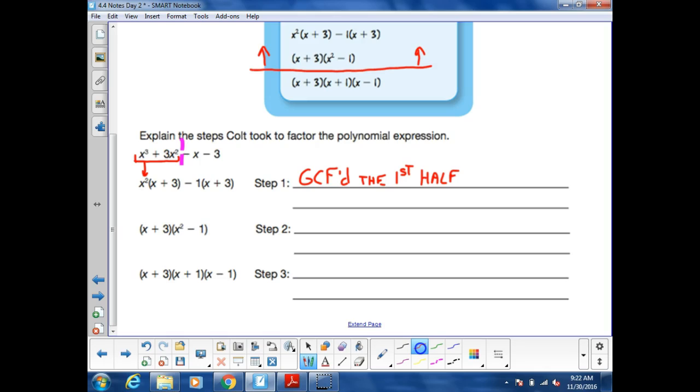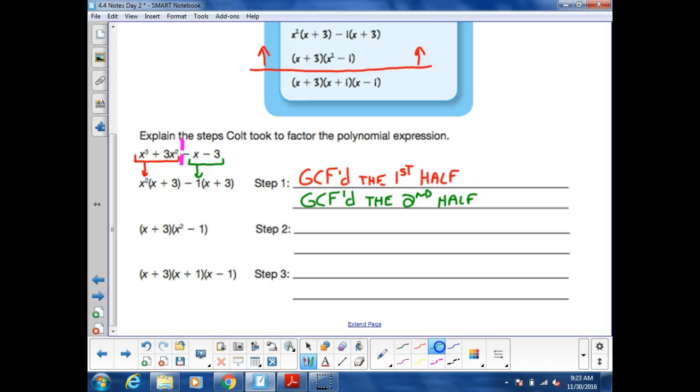He GCF'd the second half, and he took out a -1, right?